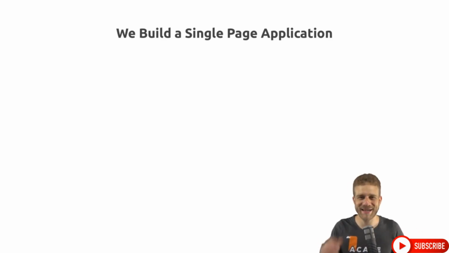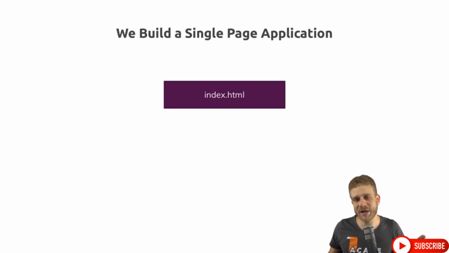Now, as I said, in this course, we'll build a single page application with Angular. Now, what is that? What is a single page application? Well, in an Angular app, we'll have one root HTML file, a so-called index HTML file. And we will serve that from our Node server or from a different server. That's important. It can be totally decoupled of our Node backend, and it actually will be.